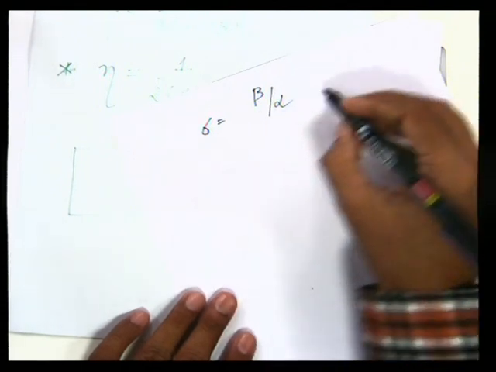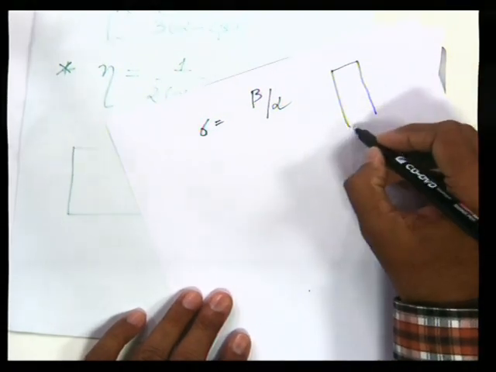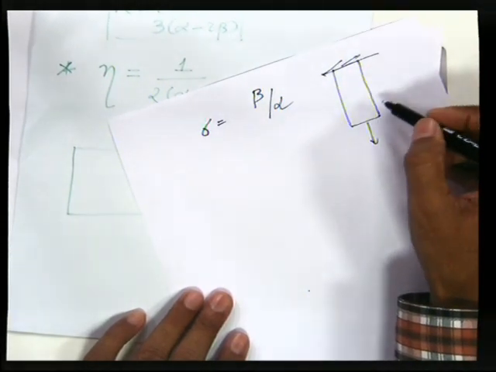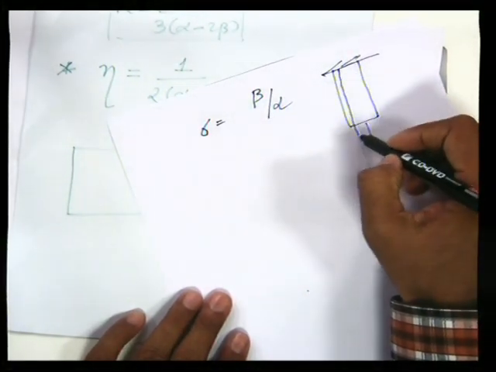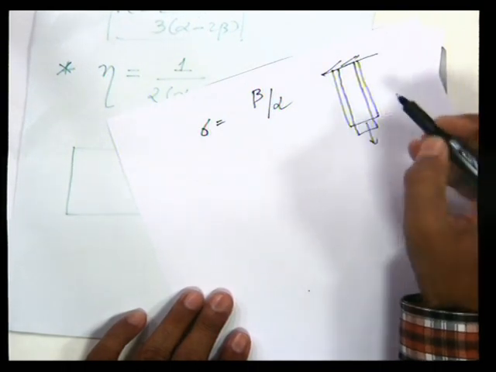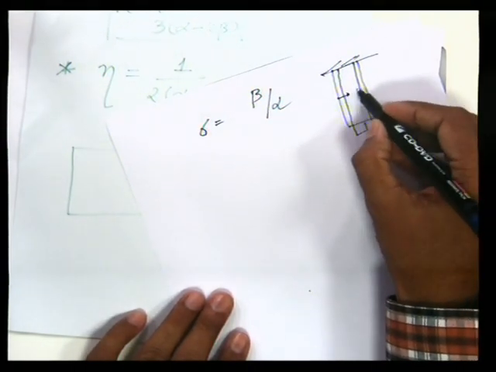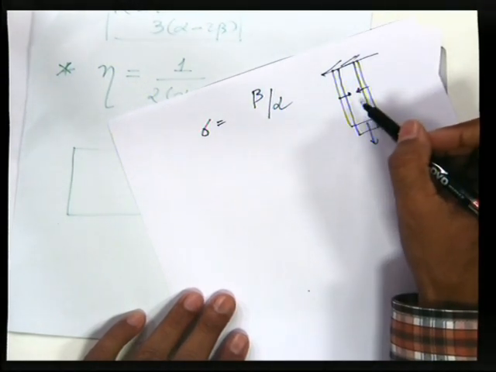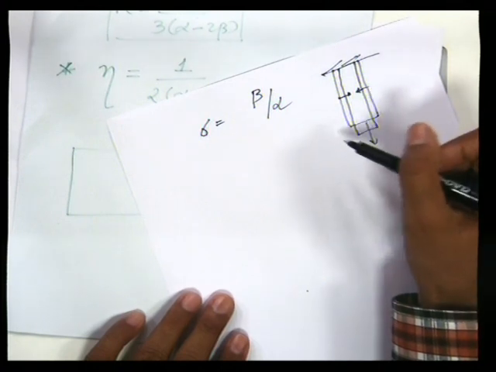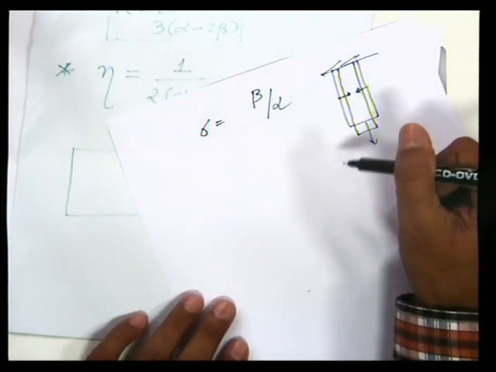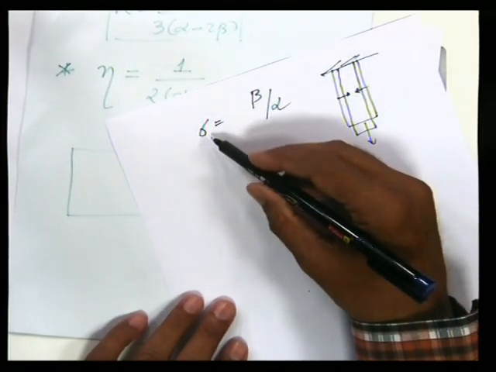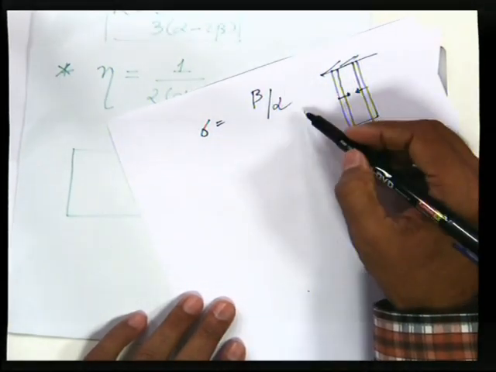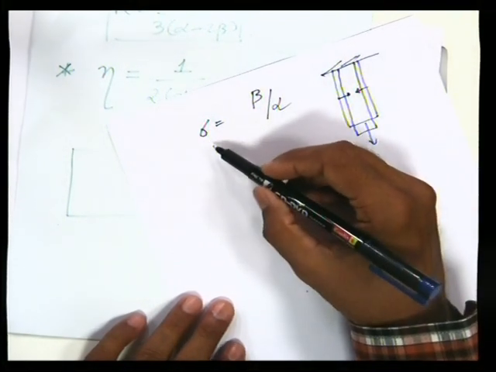A force applied on a wire or rubber parallel to its length will increase its length, but at the same time the perpendicular force acting inside the body decreases the lateral dimension. Therefore lateral strain divided by linear strain is Poisson's ratio. Beta by alpha is the definition of Poisson's ratio.